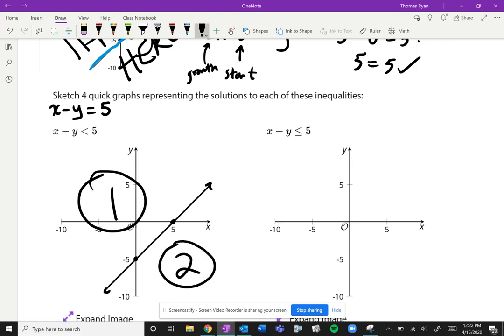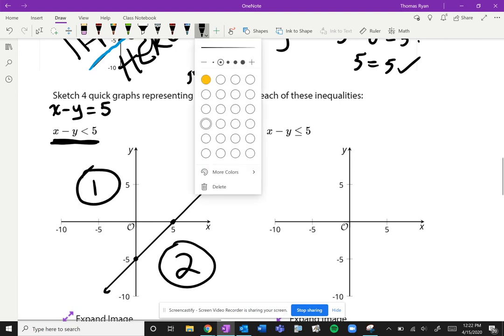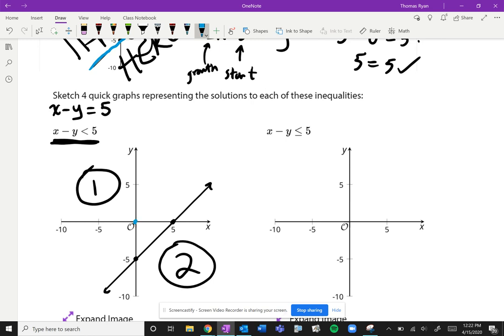So now we're really thinking about this inequality. We need x minus y to be less than 5. Okay, so let's just pick some easy points here. And you know what the easiest point ever to pick is? 0, 0, right here. Okay, so if x is 0 minus y is 0, is that less than 5?